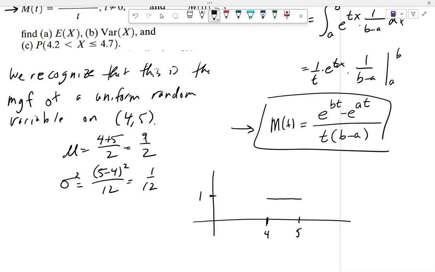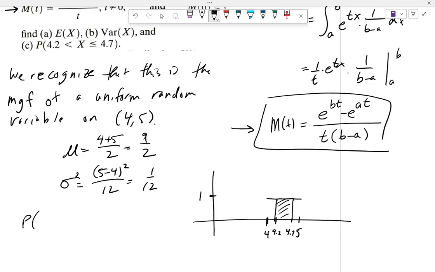We want the probability that you're between 4.2 and 4.7. So what am I really looking for? Relative to the picture, what are we looking for? The area of that rectangle, right? Which is pretty easy to find, isn't it? The height is 1, the width is 1/2.